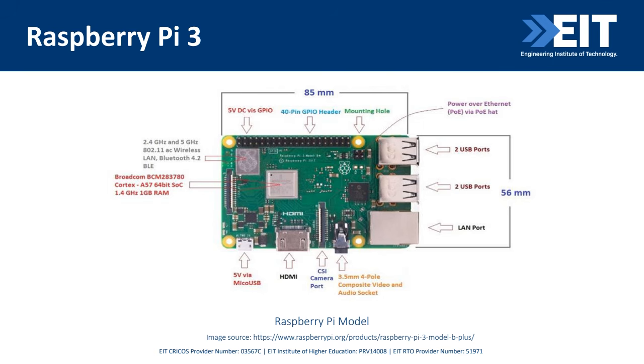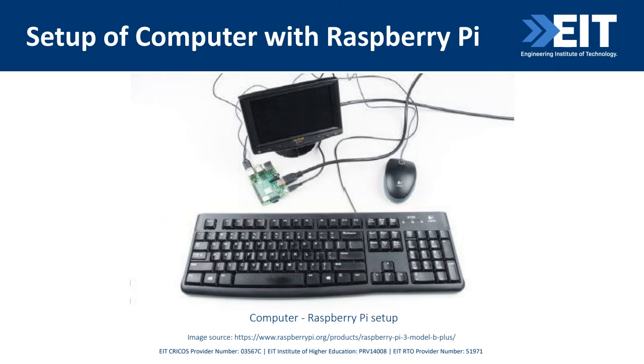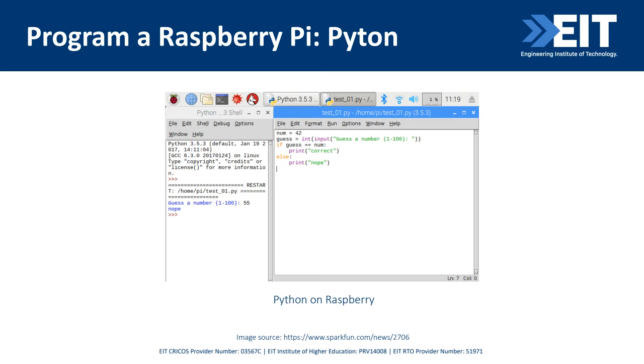It takes sensors in and it provides signals to controllers, to actuators. The Raspberry Pi is a complete computer. Okay, you connect it to a keyboard, to a display. It's a computer, and you can run Linux on it. You can run Python on it.